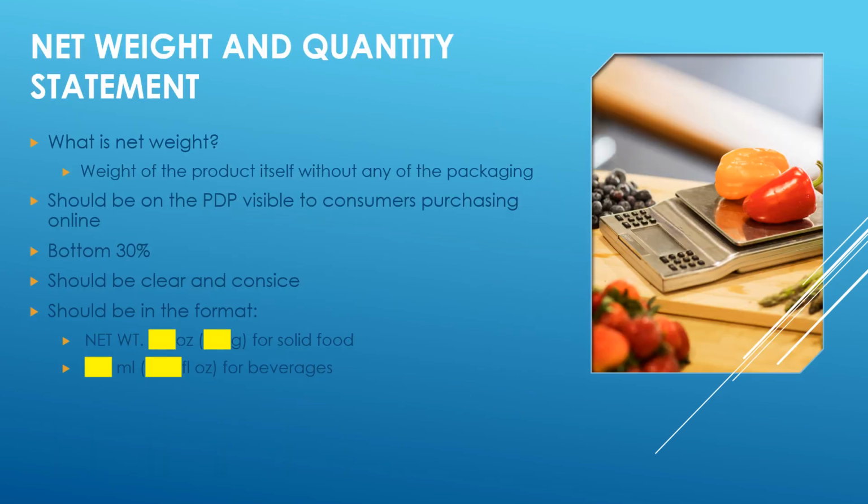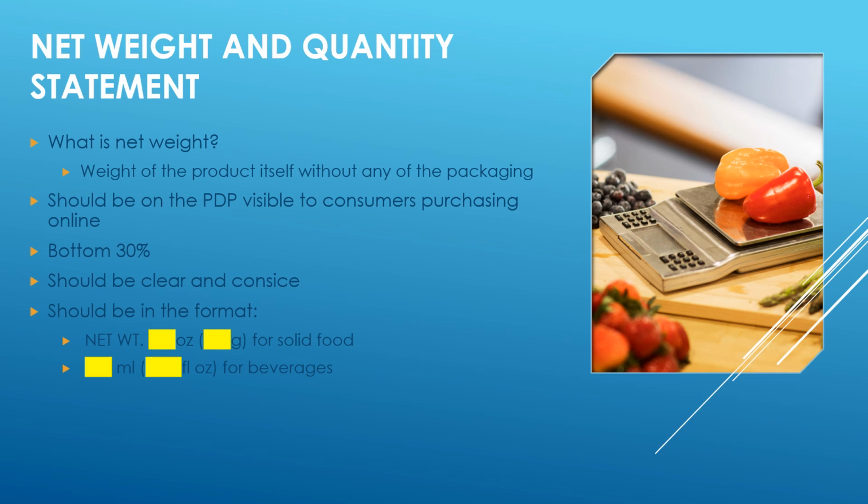The net weight and quantity statement. So what is the net weight? The net weight is the weight of the product without any of the packaging. And it needs to be on the principal display panel, visible to consumers who are purchasing your product online or on the shelf.